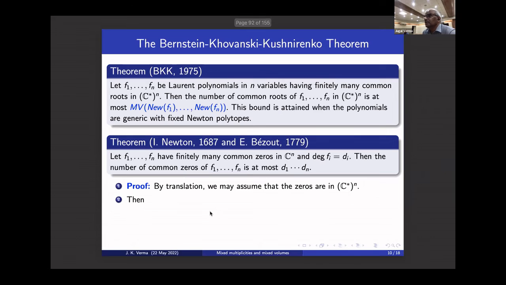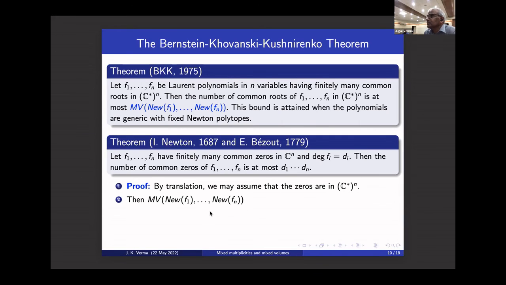Then consider the mixed volume of the Newton polytopes of the F_i. Now F1 is a degree d1 polynomial, so it has a few monomials up to degree d1. If you take all monomials of degree at most d1, they are contained in the standard simplex whose arm length is d1. So the Newton polytope of F1 is contained in the simplex P_d1, and the Newton polytope of F2 is contained in the simplex P_d2, etc. These are bigger simplices than the Newton polytopes of the F_i.